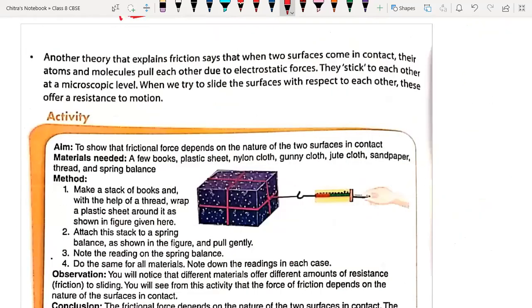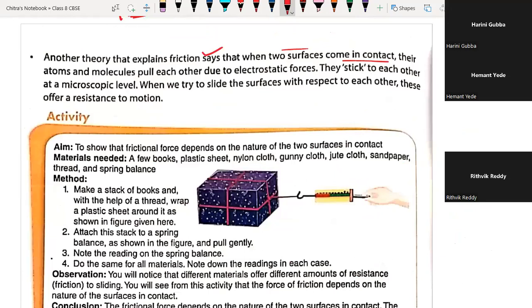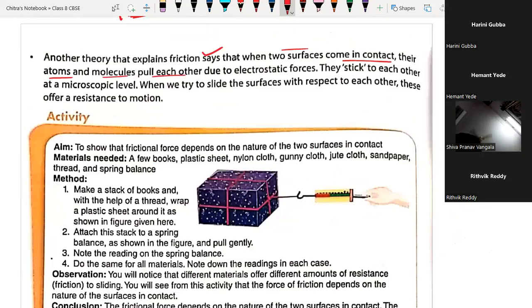Another theory that explains friction is that when two objects come in contact, their atoms and molecules pull each other. Suppose here we have one object and here another object.